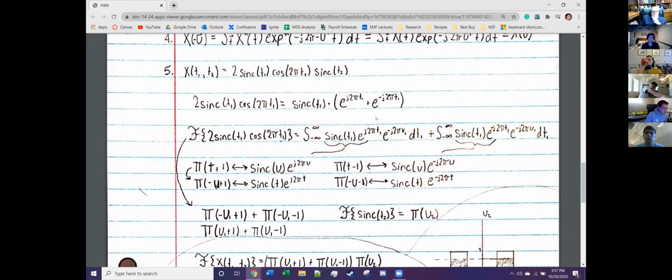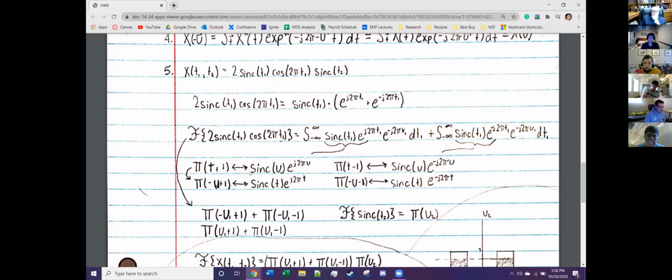I split it up into two because there's an addition sign, into a sinc times e to the j2 pi t and sinc times e to the negative j2 pi t. This looks like the Fourier transform of a shifted rectangle, so I figured I should use a duality theorem here.